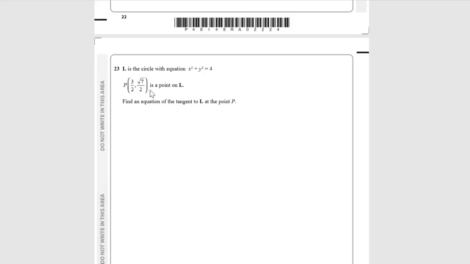Point P is a point on L. Find an equation of the tangent to L at the point P. So basically, if you have a circle, centered, and you take the radius, and then you have a tangent which touches at the point, it creates a right angle.